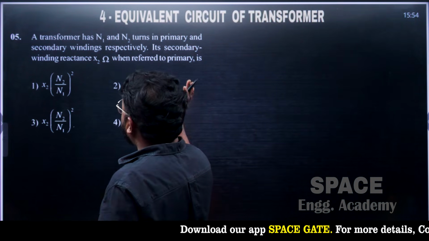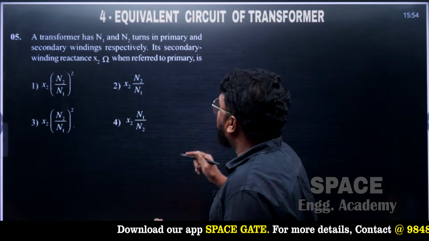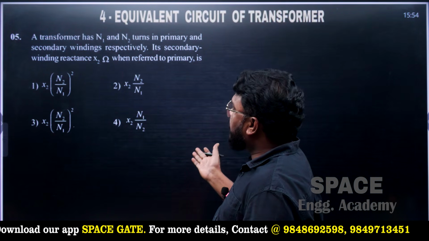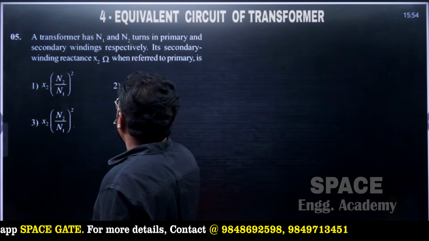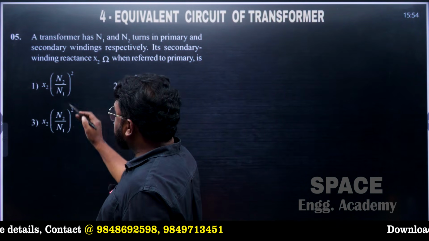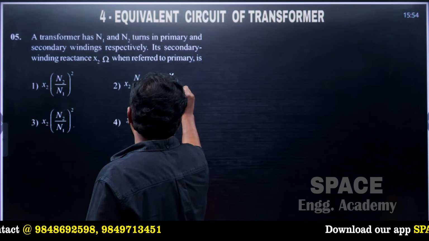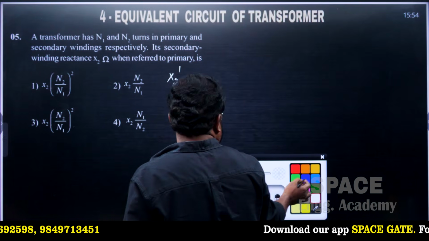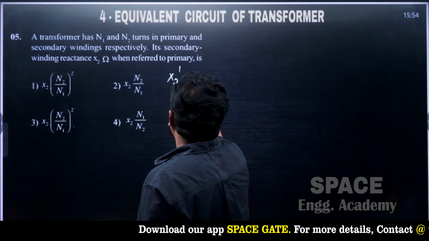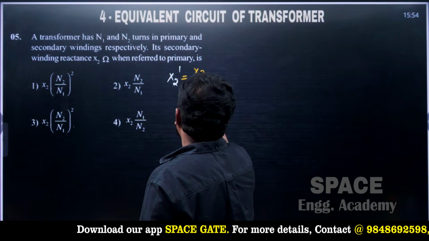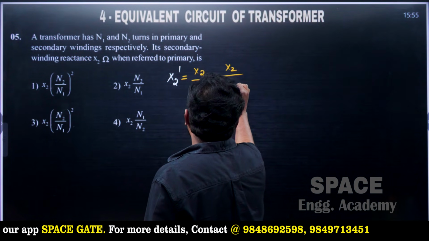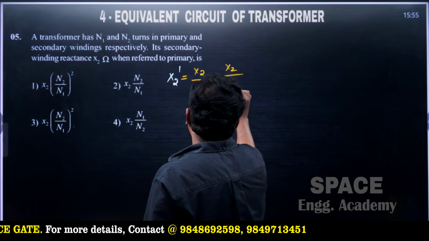A transformer has N1 turns and N2 turns in the primary and secondary respectively. The secondary winding reactance is X2 ohms; when referred to the primary side, these are the options. So X2 dash is required. X2 dash is equal to X2 divided by K square, where K is N2 by N1.